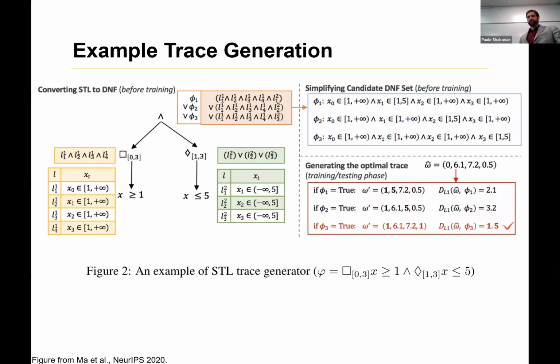The second is requiring X to be less than or equal to 5, excuse me. And so right away, we can start to compare those values, as you see in the box on the lower right, and you can identify based on those formulas which one the sequence produced by the RNN is closest to, and then you can take that adjustment.